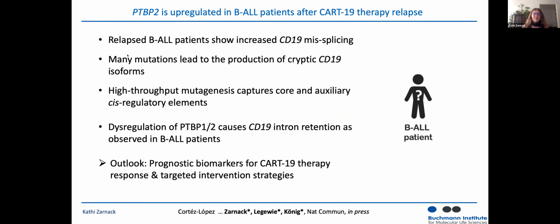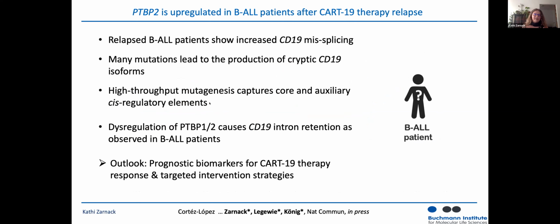And with this, I would like to summarize. And I think what we found in this study is that the relapsed BALL patients, so the patients that develop the resistance to the CAR-T19 therapy, they really show an increased CD19 missplicing. We find many mutations that lead to the production of cryptic isoforms, and in particular also the intron retention in this intron 2.